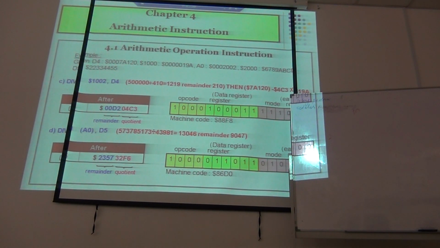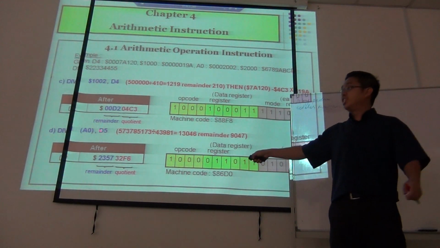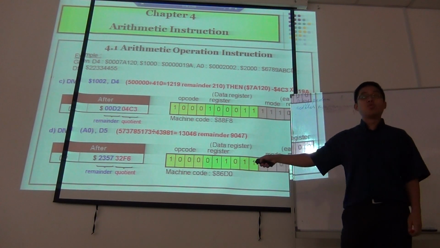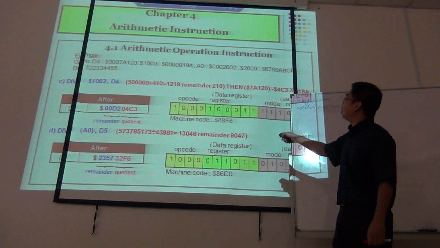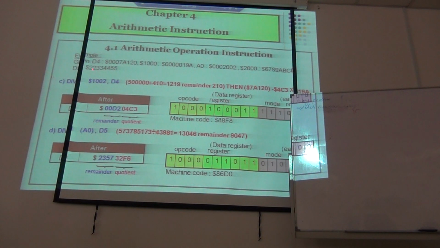Division unsigned A0 in brackets, inside the bracket D5. So D5 will be the long word. D5 is given 22334455. A0 is given this number, 2002. 2002 inside brackets means go to the particular location, directory 2002.